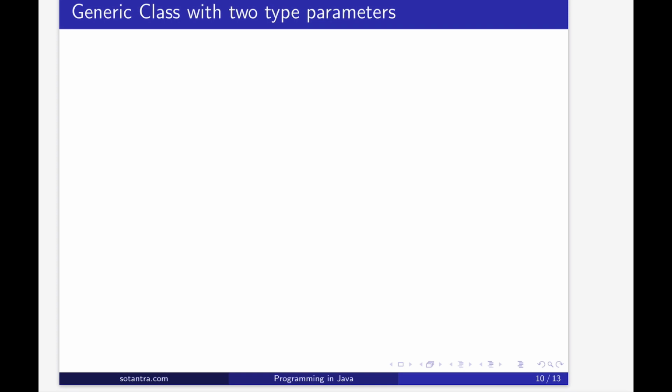In the previous example, we created the generic class Box like this. We can write class Box and T. Here T is the type parameter.